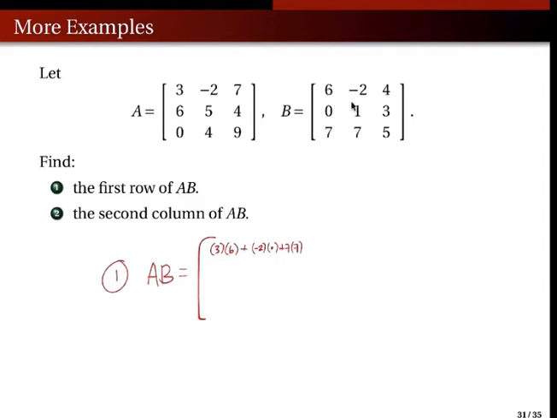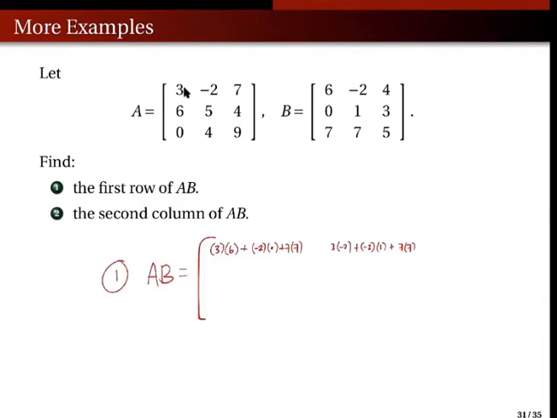Now, first row, second column entry, you have 3 times negative 2, plus negative 2 times 1, plus 7 times 7.